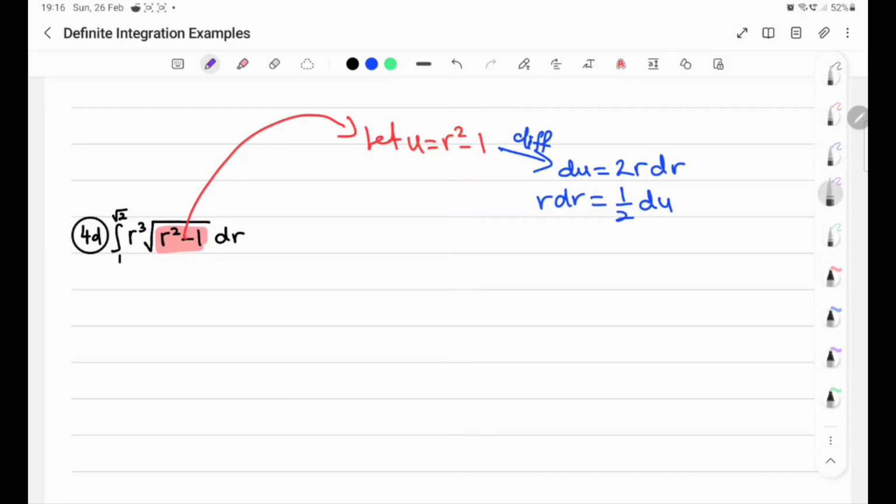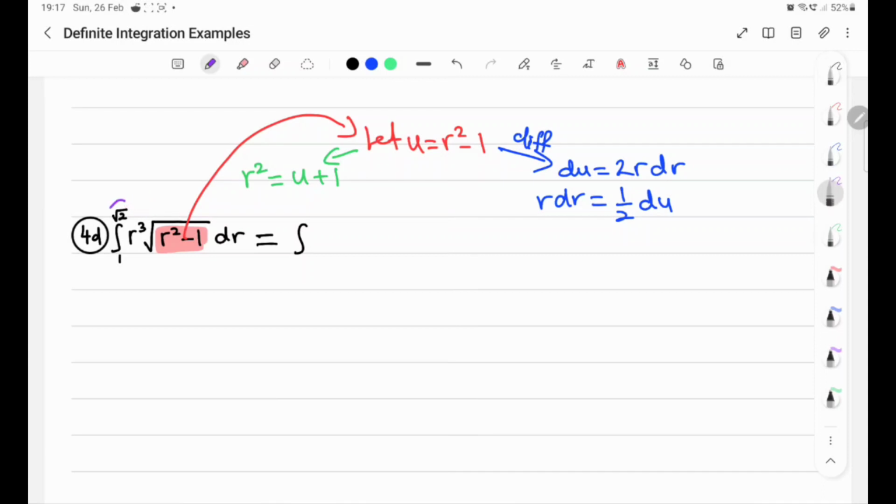As you can see, the power here is greater than the one inside, so it's better to get the value of r. What is r squared? r squared is u plus 1. We are going to need them later in the substitution. So let's substitute them. Oh, the limit.